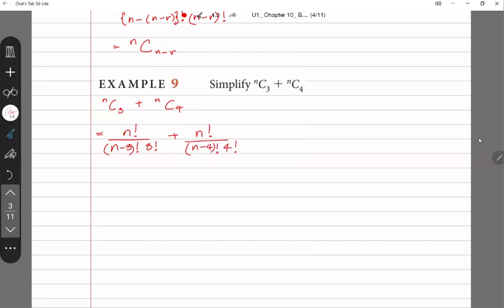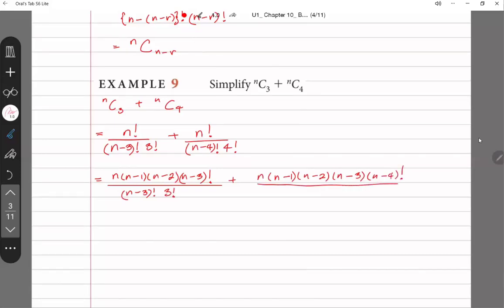So let's expand the numerator a little bit. n factorial is the same as saying n times (n minus 1) times (n minus 2) times (n minus 3) factorial, over (n minus 3) factorial 3 factorial, plus n times (n minus 1), (n minus 2), (n minus 3), (n minus 4) factorial over (n minus 4) factorial 4 factorial.